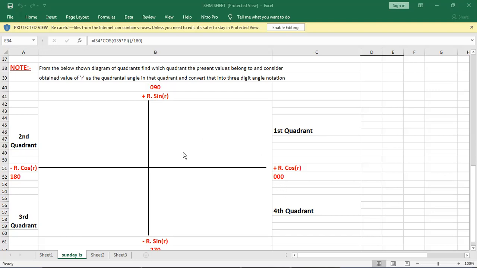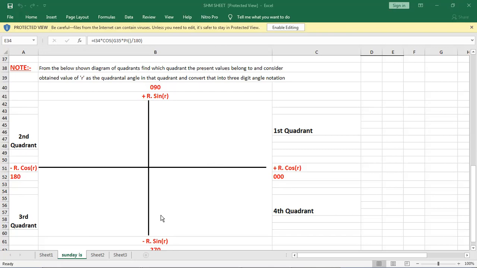From 0 it's 90 degrees, so 090. Then the third axis is minus r cos r, and that is 180, and this is the second quadrant. Then the third quadrant is this one, and the fourth axis is minus r sin r. So if r cos r is minus and r sin r is also minus, it will lie in this third quadrant.